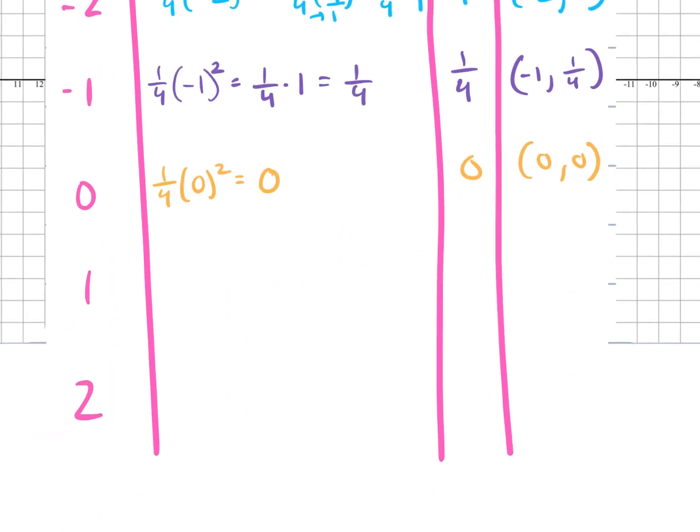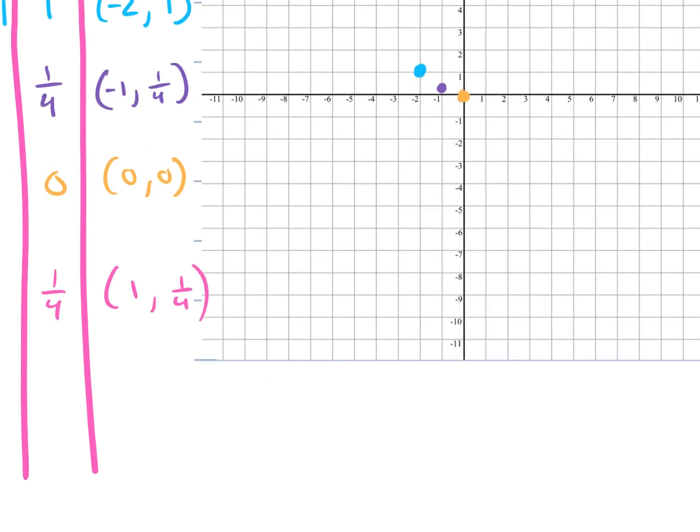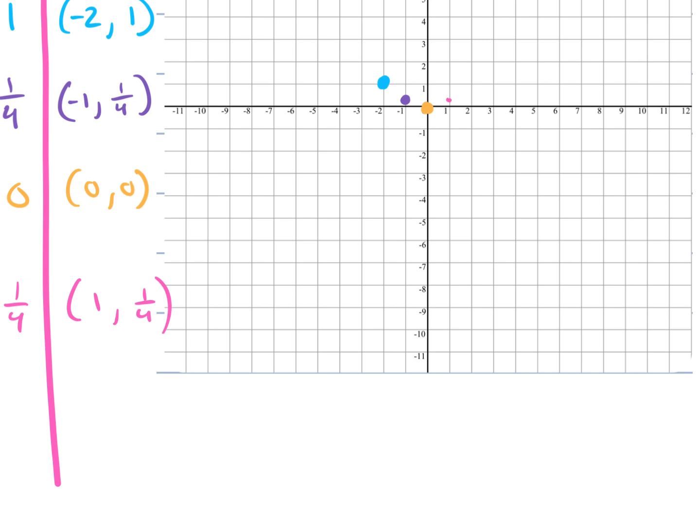Now let's plug in 1. We have 1/4 times 1 squared. 1 squared would be 1. And 1/4 times 1 is 1/4. So 1, comma 1/4. So we're going to go right 1 and up 1/4.